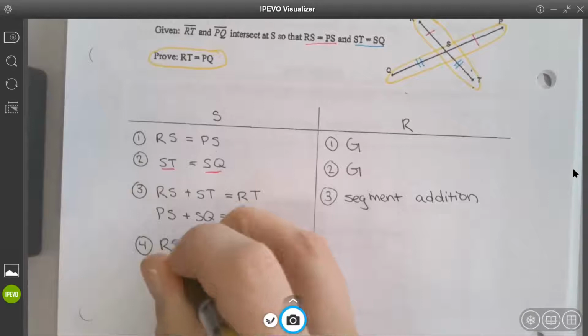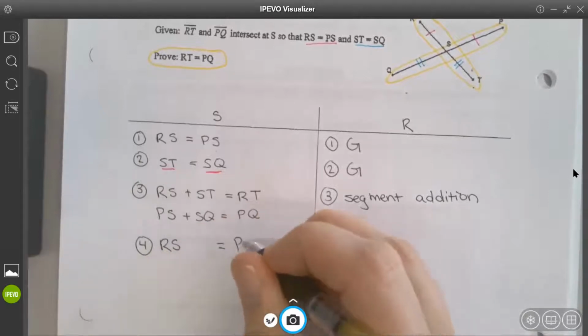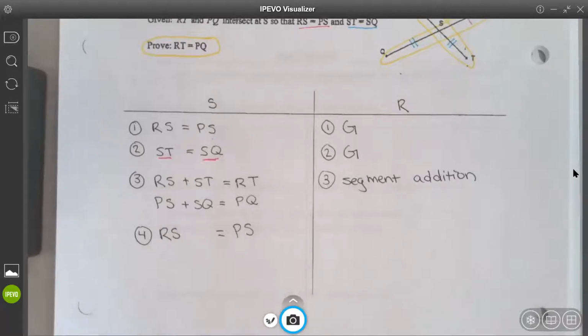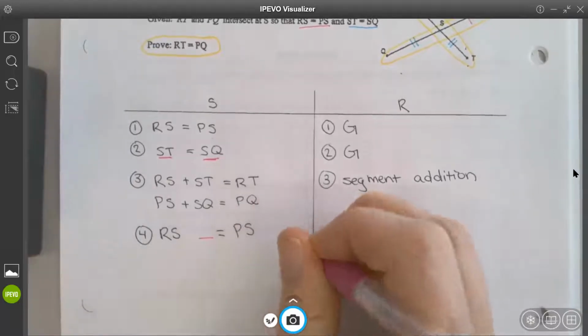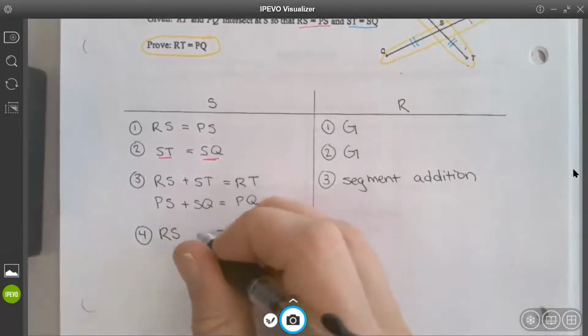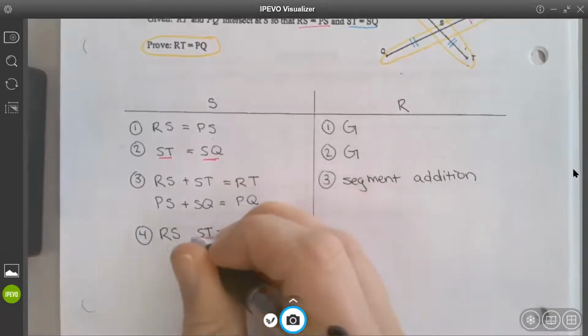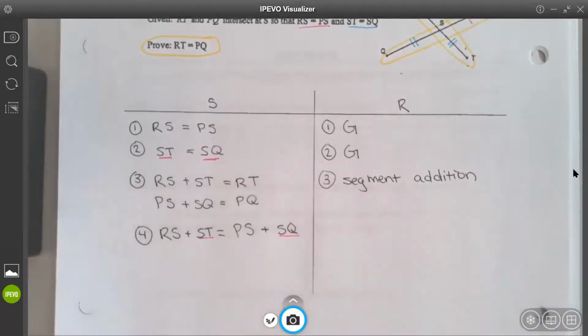So if I know RS, leave a space, is equal to PS, then I can add the same thing to both sides of an equation and it doesn't change the fact that it's equal, okay? So what I'm going to do is add an equal amount to both sides. I'm going to put ST over here and SQ over here.